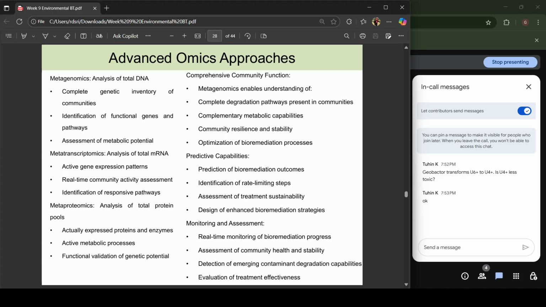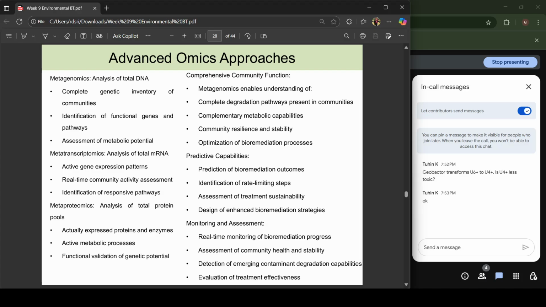So we can see how to enhance the hydrolysis process or how to enhance the electron transfer process. So that way we can identify the rate limiting step and then try to find some remedies to overcome the rate limitation. And we can also go for assessment of treatment sustainability and design of enhanced bioremediation strategy.